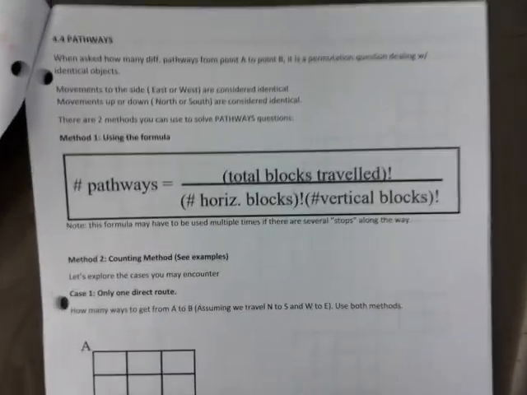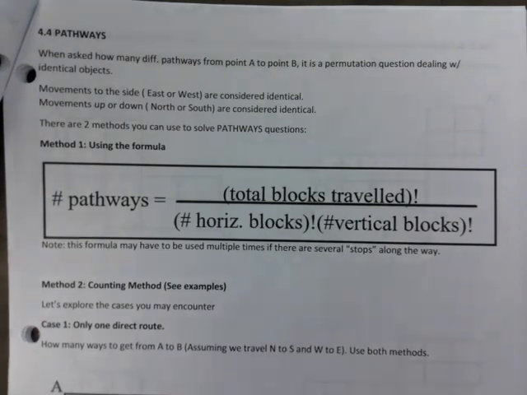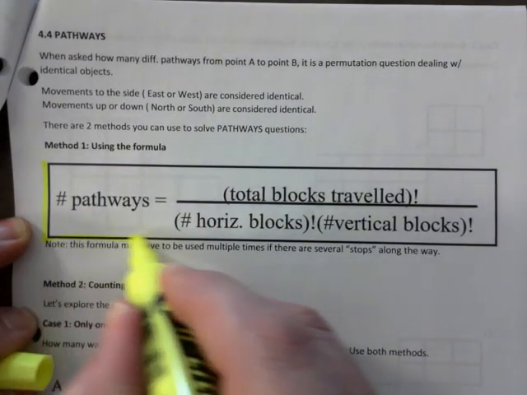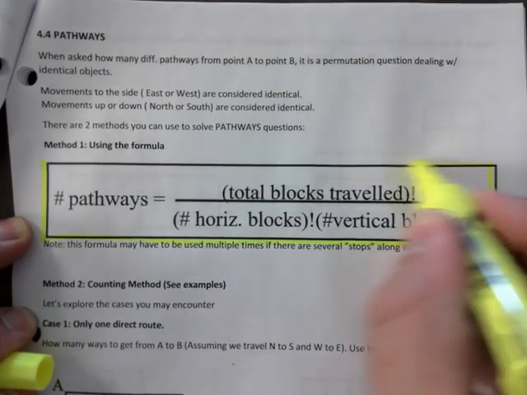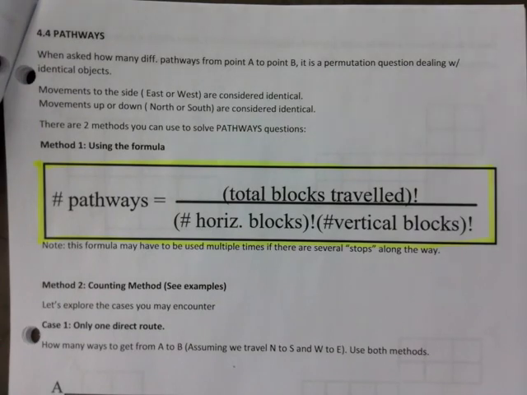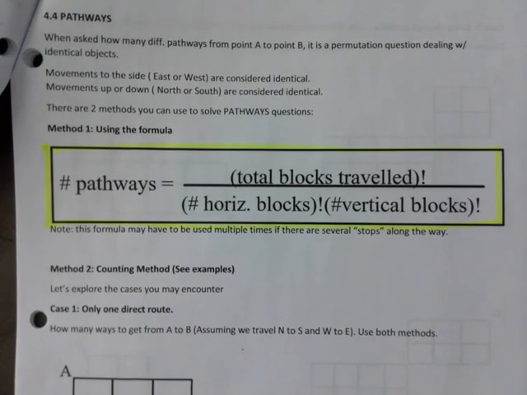Pathways. That's what we're going to be working on today. Formulas, make sure your formulas are on your study sheet. Okay. Pathways, you cannot miss it. You'll recognize it a mile away.